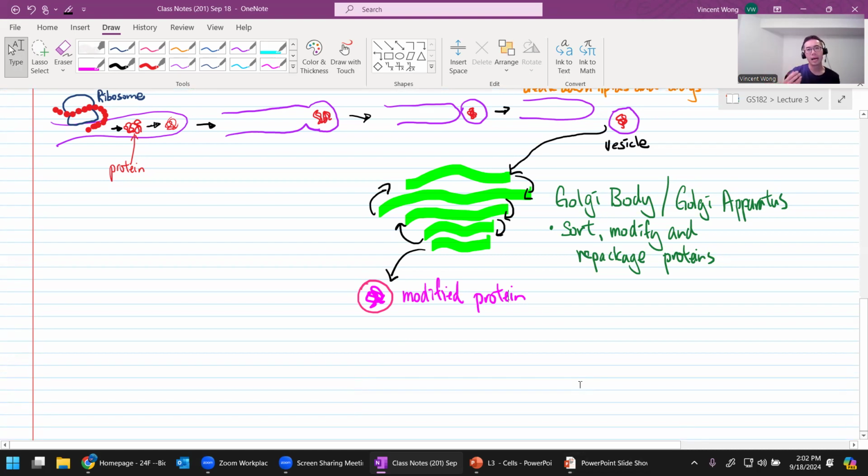Sometimes you need to add tags to the protein so it knows where to go. Sometimes you might even need to add sugar or lipids to the protein to make it into something that we'll talk about later. It's called an antigen. So there are lots of things you can do to the protein, and all these modifications take place in the Golgi body.